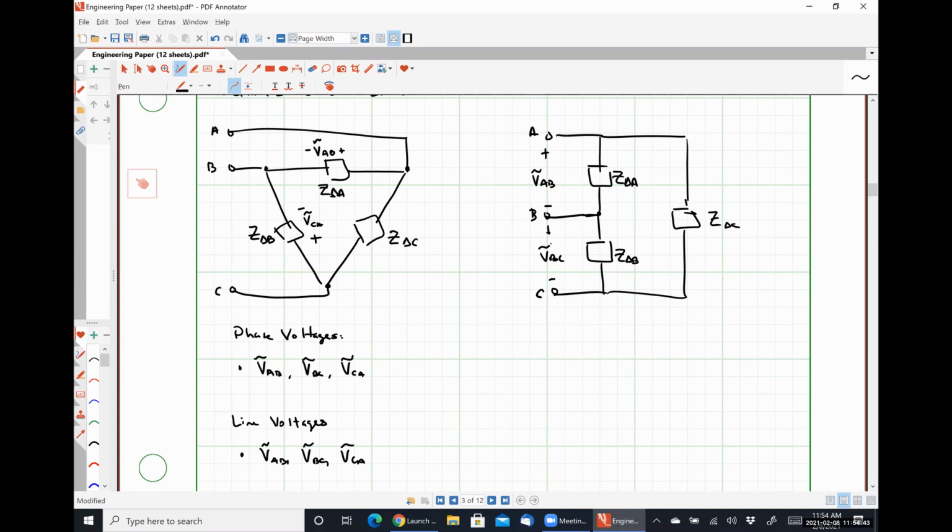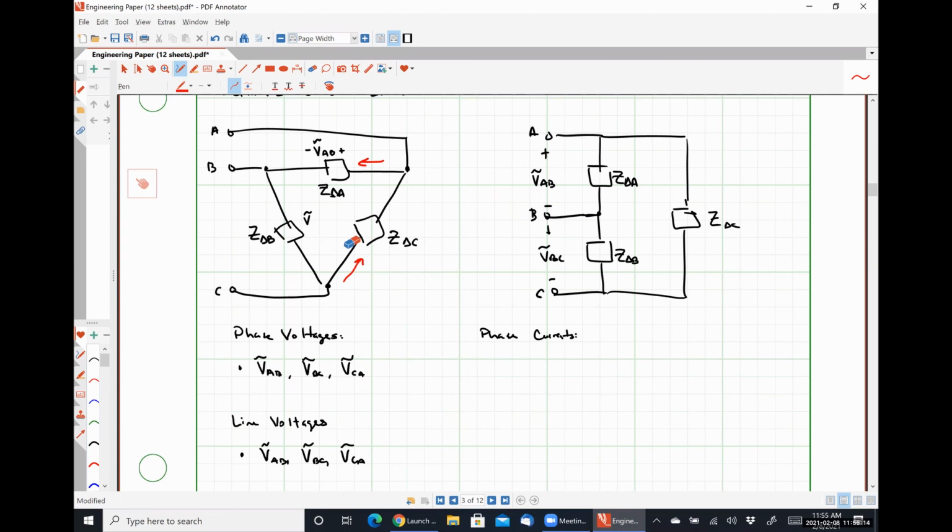Our phase currents are going to be whatever our phase voltages are, but we put an I and we make sure the current flows from the positive polarity terminal to the negative polarity terminal. So our phase currents are going to be this guy, no, take that back, B to C. Oh no, I drew this guy wrong, that's the issue.